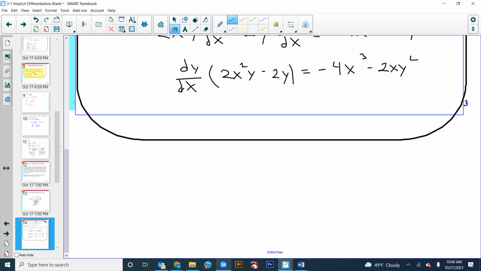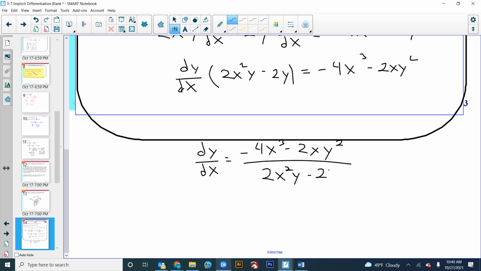Impressive. dy dx. Don't fail me now. Negative 4x cubed minus 2x y squared, isn't it? My board's glitching out on me. All over 2x squared y minus 2y. That is my derivative. Pretty messy, huh?